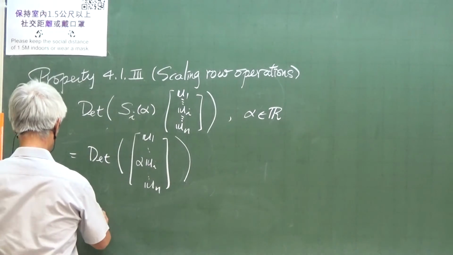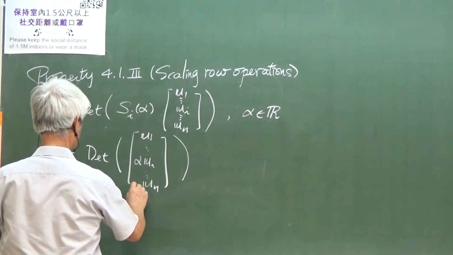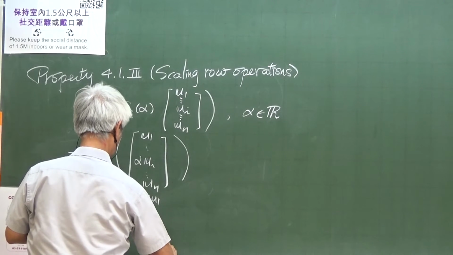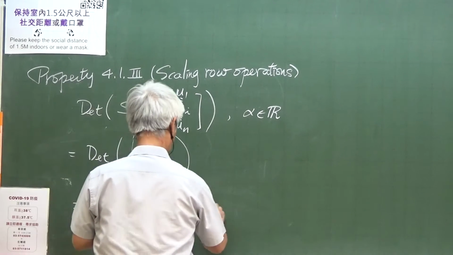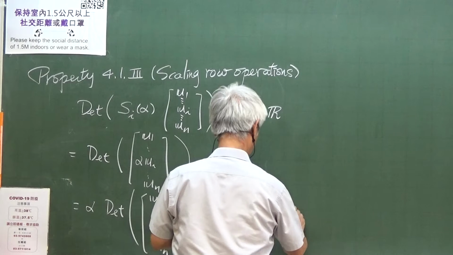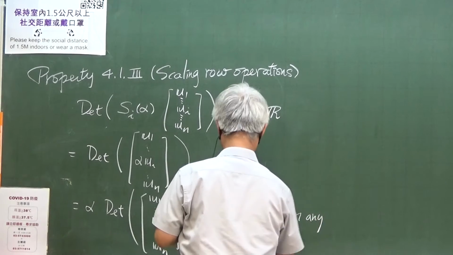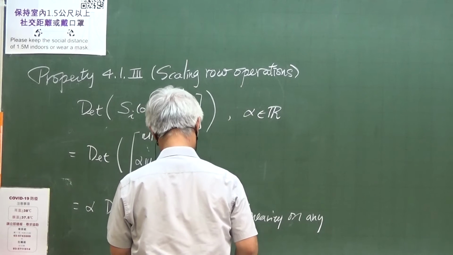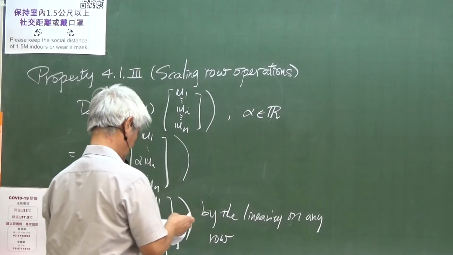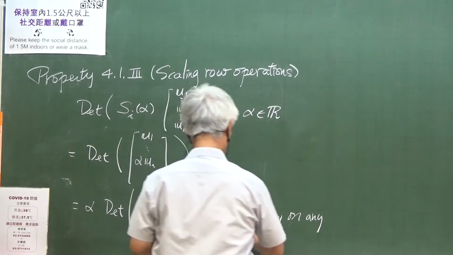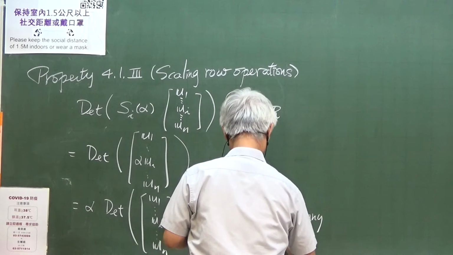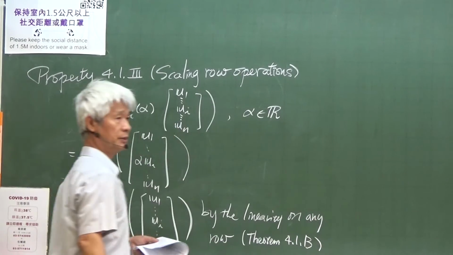All right, and this is alpha times the determinant of U1, Ui, Un by the linearity on any row, which is the theorem 1.B we mentioned before.